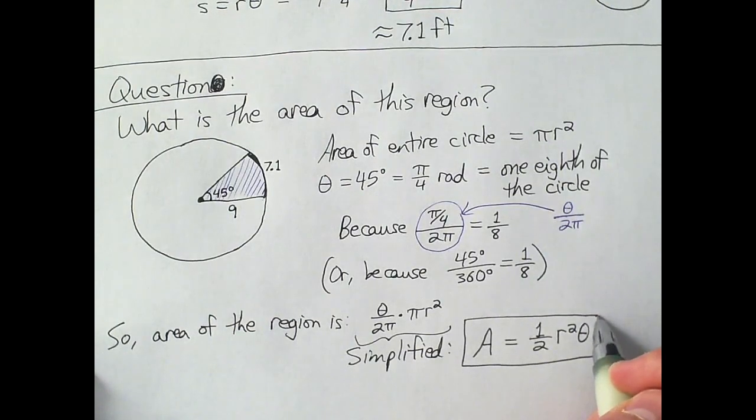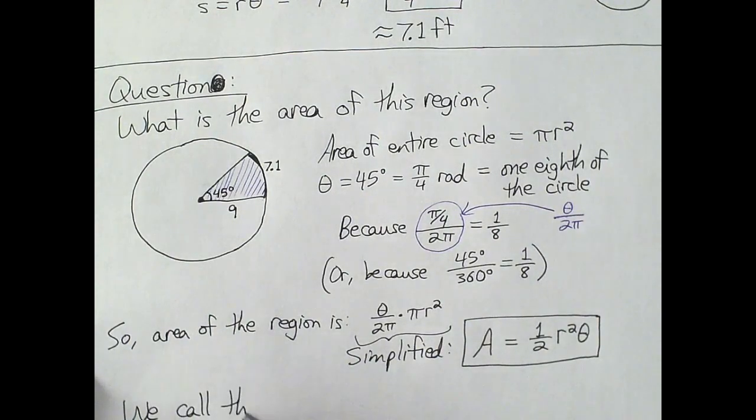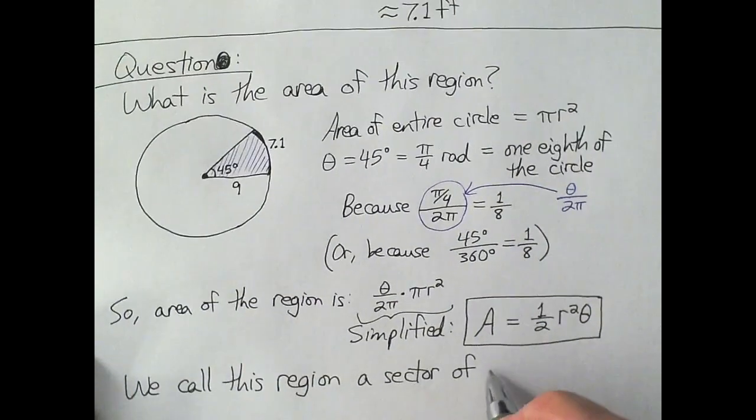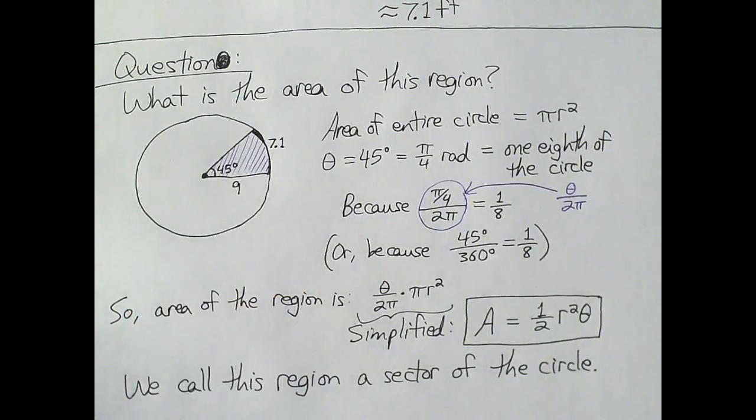So this is another formula that can help us with certain types of problems. We call this region a sector of the circle. It's a portion of the circle cut out by a certain angle, subtended by a certain arc, and the circle has a certain radius.